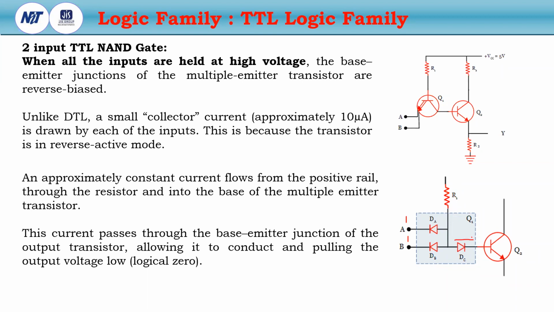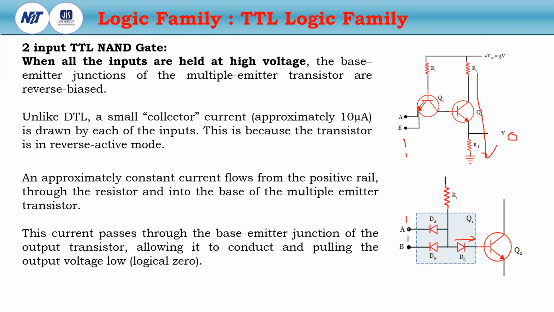The diode will be in forward bias and it will drive the output transistor Q2 into saturation. If this is in saturation mode, then the current will flow like this. So the output will be logic 0. So if both inputs are 1, then the output will be logic 0. So this is the NAND gate.